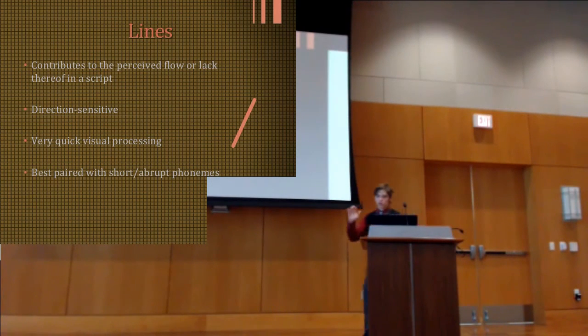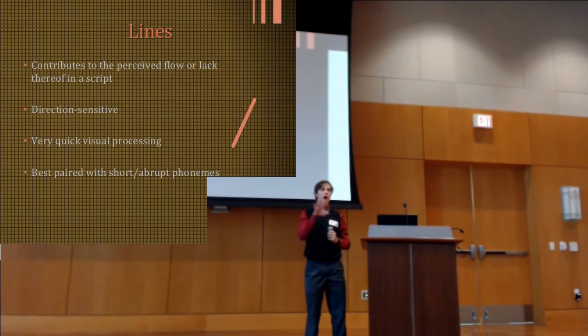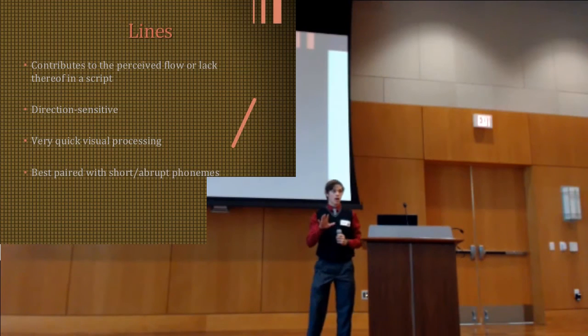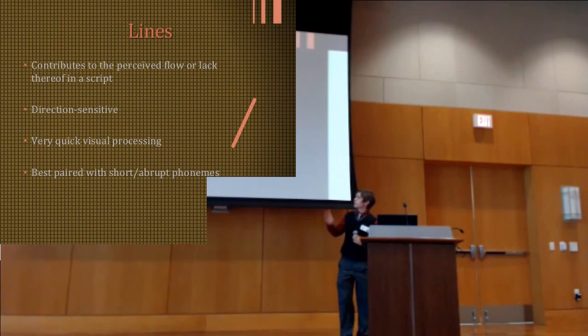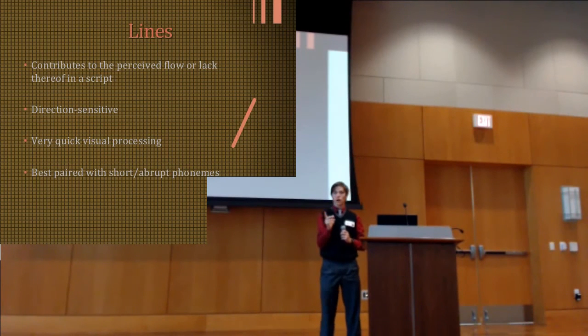Also, lines in particular contribute to the perceived flow or lack of flow in your script. I'll get to more examples later, but just know that if there's an overarching pattern to the lines, an alignment of lines in your script, that will give your script an overall flow.